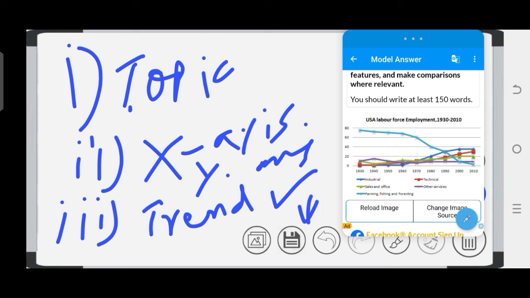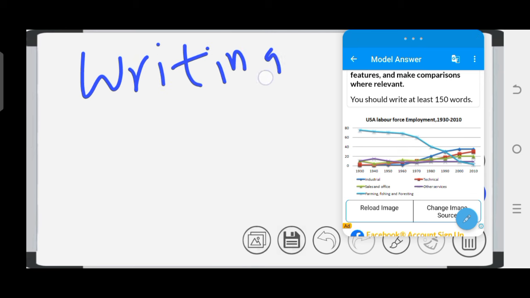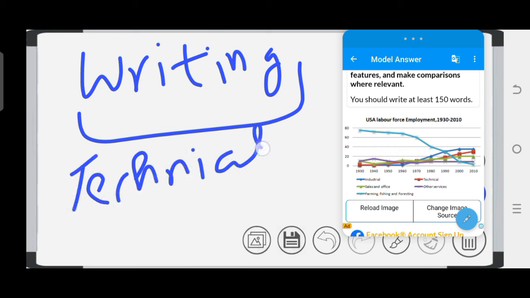Now, other than that, one most important thing in IELTS writing task 1 is your vocabulary. It is not the usual vocabulary you use, it is always technical. So when I say technical, I will give you few words. For example, boost, dramatic rise, dramatic decline.